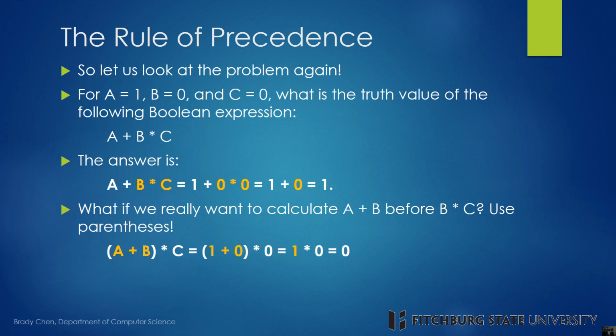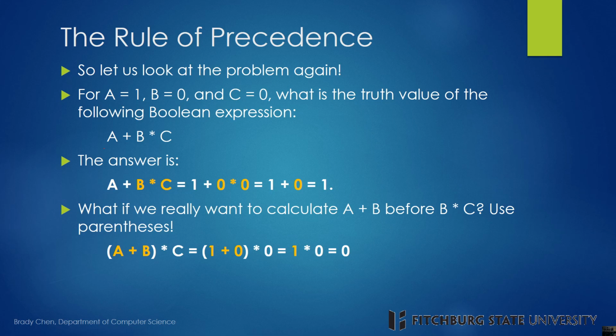Now here's a summary of the discussions in the previous slide. Suppose we have a value A equals 1, B equals 0, and C equals 0, and we try to evaluate the truth value of the Boolean operation.